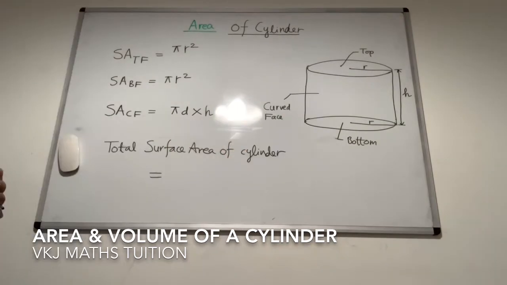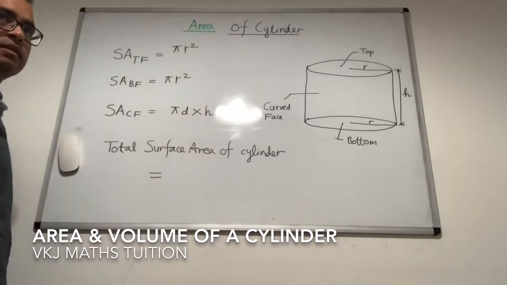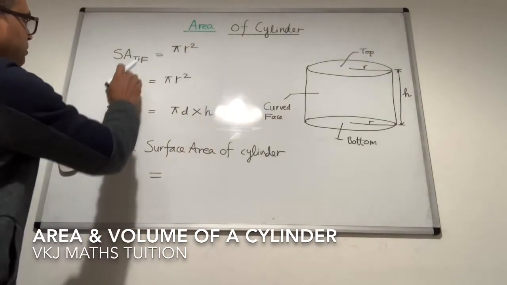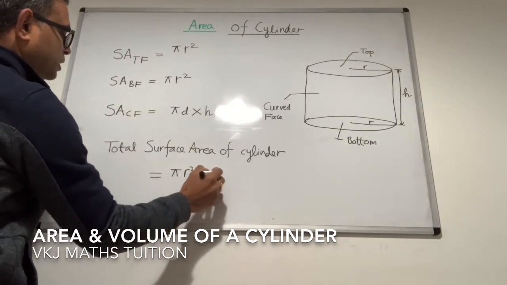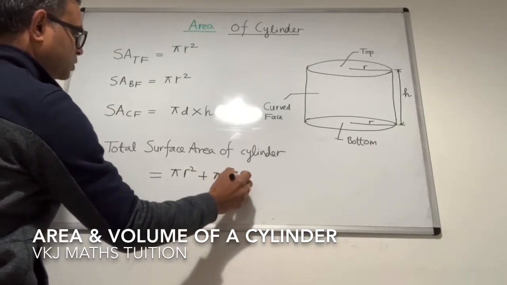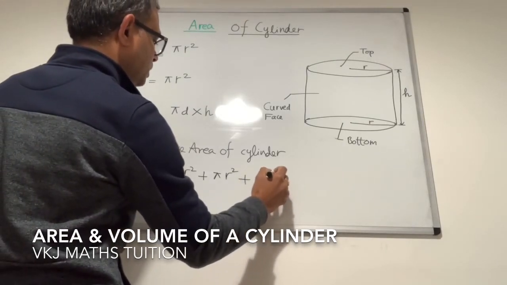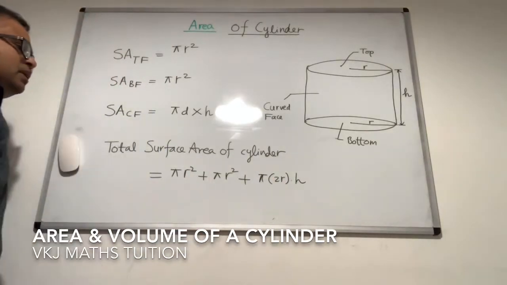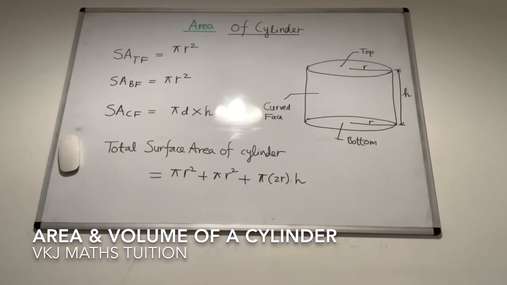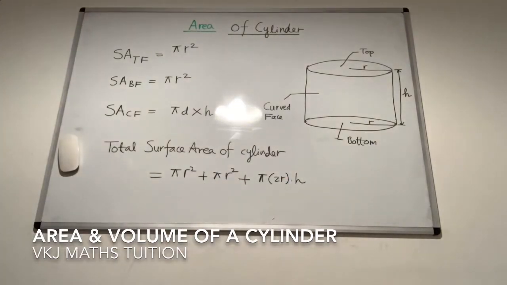You just add all of them: the surface area of the top face, which is pi r square; the surface area of the bottom face, which is again pi r square; and the surface area of the curved face, which is pi d, where d can be replaced by 2r, into h, to keep everything in the same terms. So the total surface area of the cylinder is pi r square plus pi r square plus pi into 2r into h. Understood?